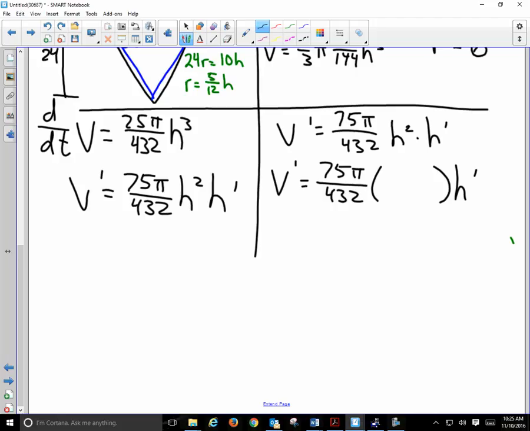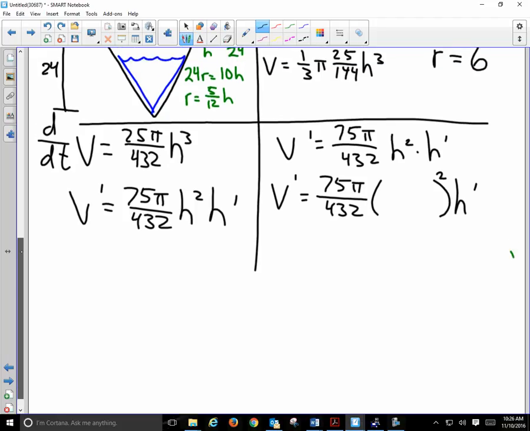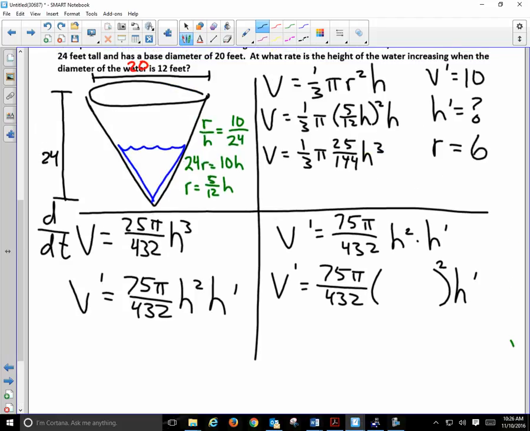Now I need to figure out what h is. Do I know the current height of the water? No. What dimension do I know about the water? The radius is 6. So I have this: 6 is equal to 5 over 12 h. Can I use that to find the height?